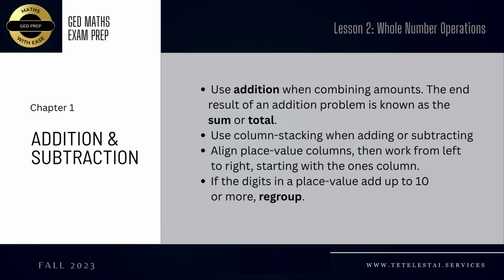If the digits in one of your place values add up to 10 or more, then you need to regroup to the next place value. And we'll talk about that some more in the slides that follow.